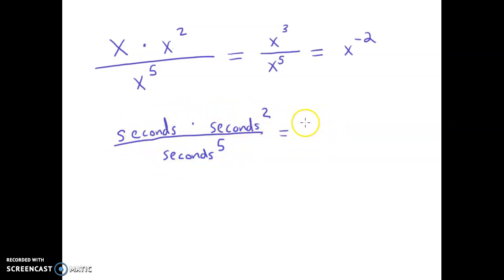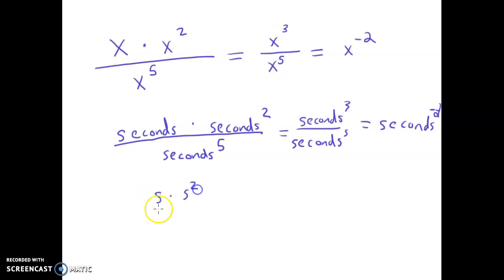So seconds times seconds squared, I add the exponents, so that would become seconds cubed over seconds to the fifth, which is equal to seconds to the negative 2. Okay. Maybe a little bit easier to see if I just wrote it as s, right? So the same math holds for variables and for units.